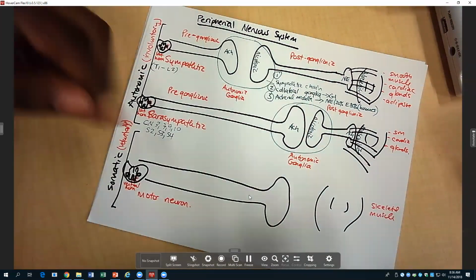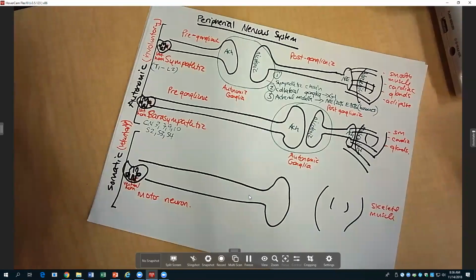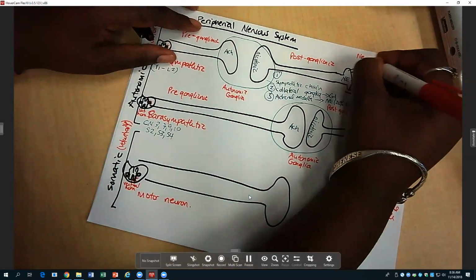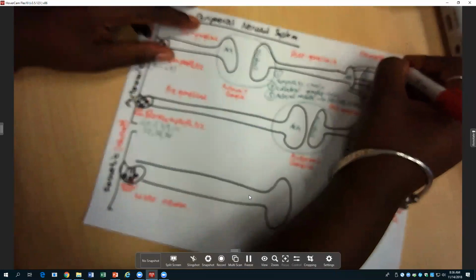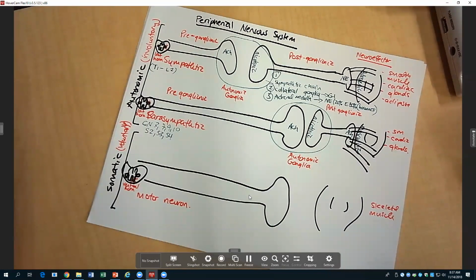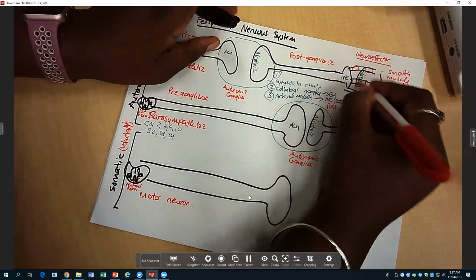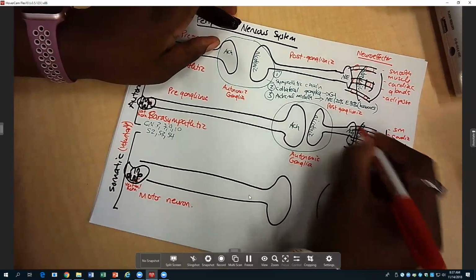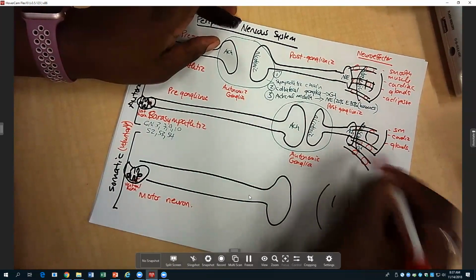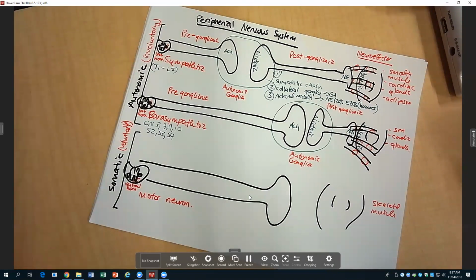What were the differences between those two? Right, so we said that the distance was greater, in terms of the area that the neurotransmitter had to diffuse across. What else was different? There was the presence of varicosities. So there were varicosities along this neuron, and there was not that discrete axon terminal here.